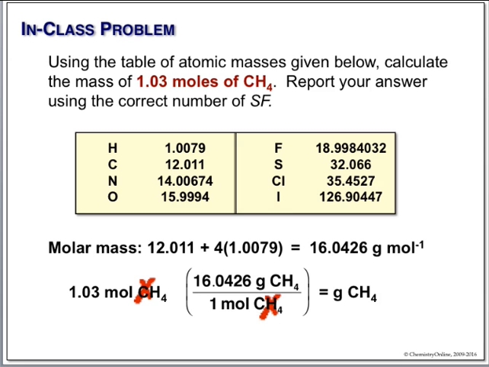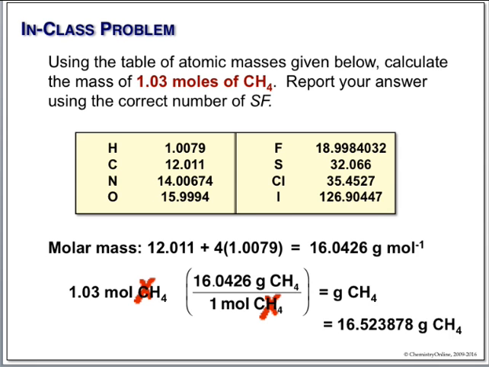And all we're left with is grams of methane. Our calculation, moles times our molar mass here, gives us this number, 16.5, blah, blah, blah.